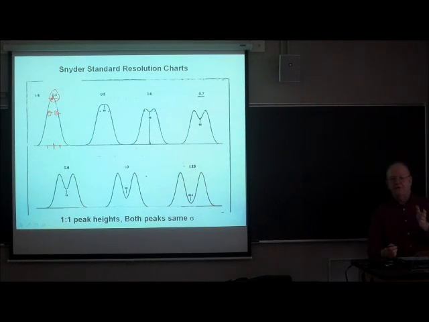Now suppose you make the resolution a little better, we get to 0.5. 0.5 is a magic number, and I'll tell you why it's magic in a second. But again, we don't see a minimum between the 2 peaks. It is one peak. But there's a little bit of a plateau where it looks pretty flat. Now if you got a chromatogram that looked like that, you'd say, ooh, that's very suspicious looking.